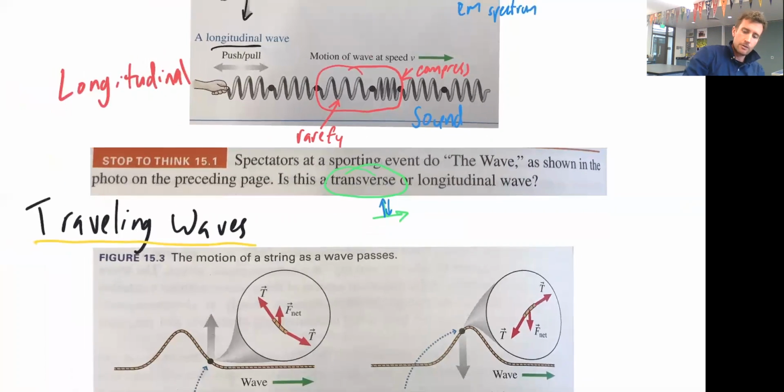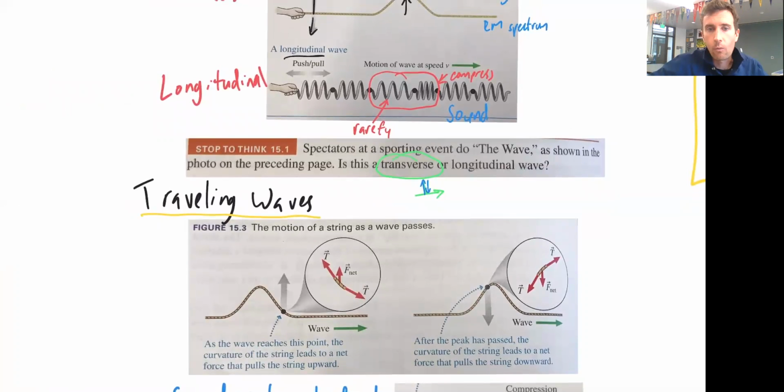All right, so let's talk about traveling waves. As a wave moves through a string or through a linear medium, we can figure out the overall force and the motion of it by taking a look at the tension on that string. So here we have tension going in both directions along the string. Remember, tension is equal and opposite on both ends of the string.